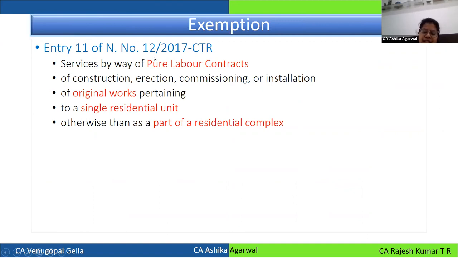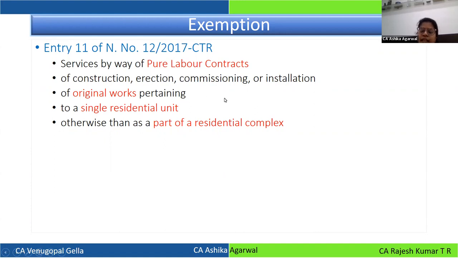Notification number 12 basically deals with exemption. It provides not only exemption in relation to real estate, but all types of services. If anything is to be checked on whether GST is exempted or not for a service, you have to refer to this notification. Now coming to entry number 11.